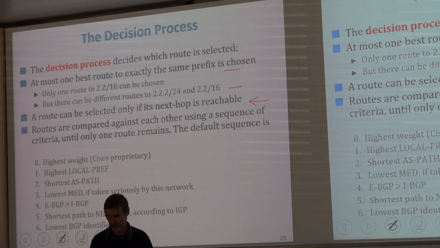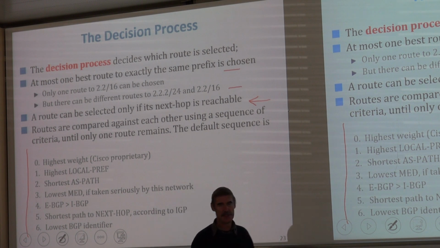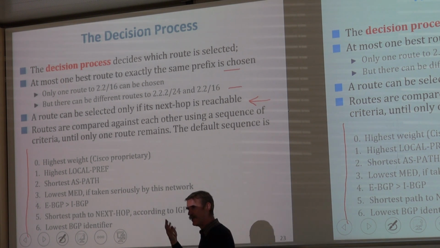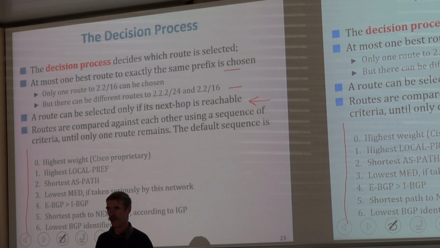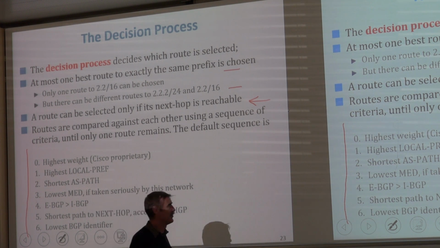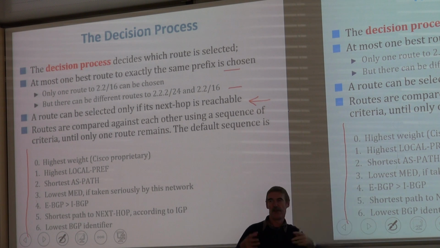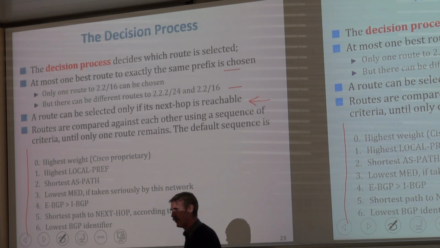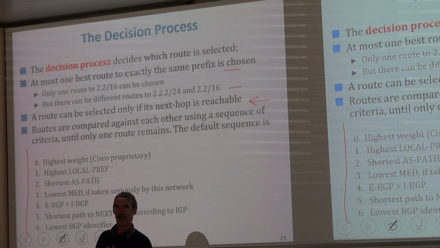So for every route that you receive, you apply the decision process that is simply an ordered list of criteria. So we do, if you want, a lexicographic ordering of the routes by going through this list. Local pref is a priority that's put by the first border router that has received the route, and is typically a tag of how much we like this interface.